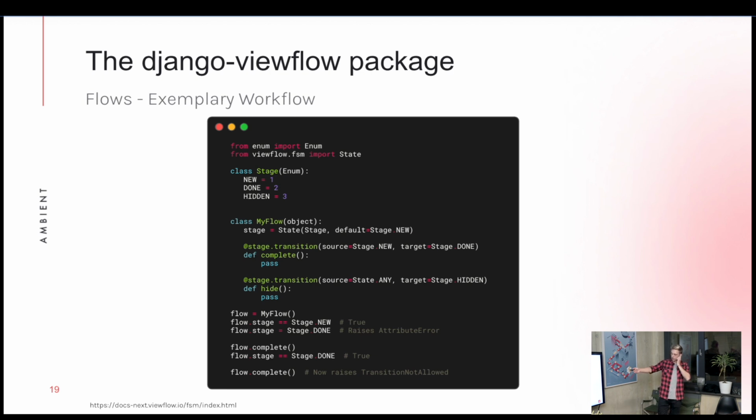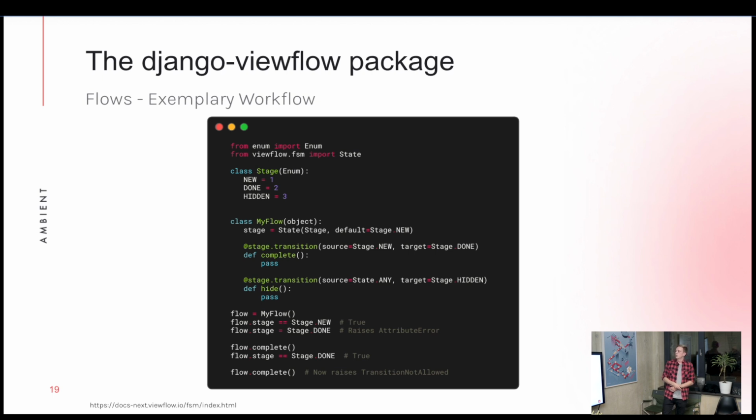For this, we import state from the viewflow package. We pass our stage, which in this case is our status, to it, and define a default state, which basically means once the flow is instantiated, our object has a state of new.